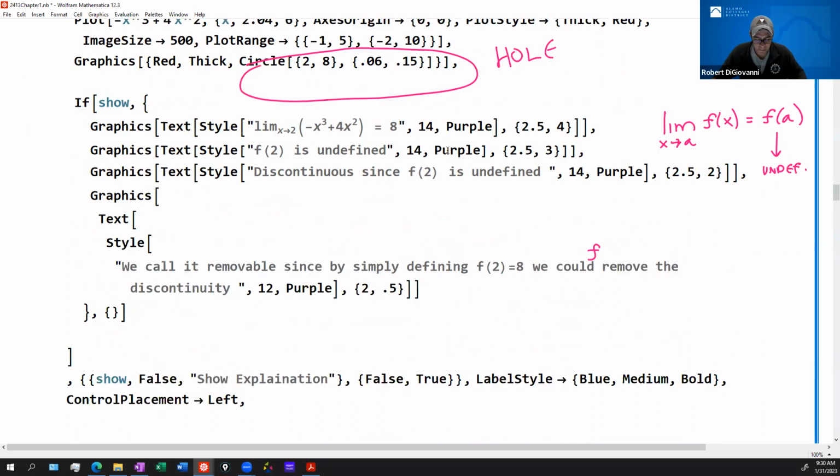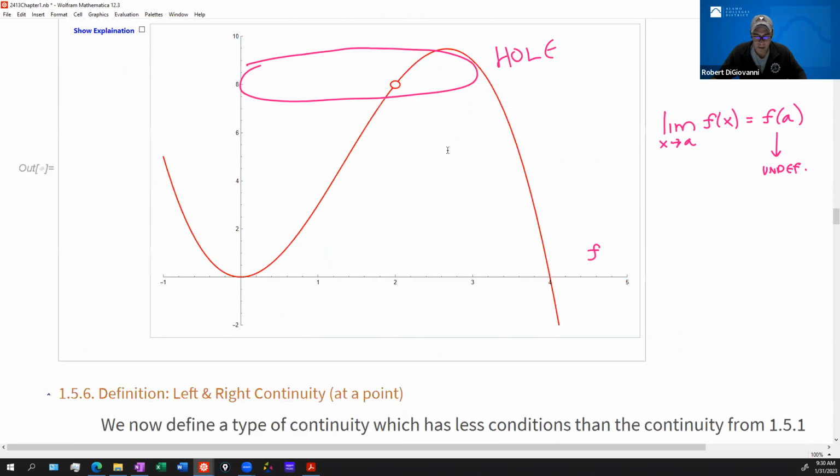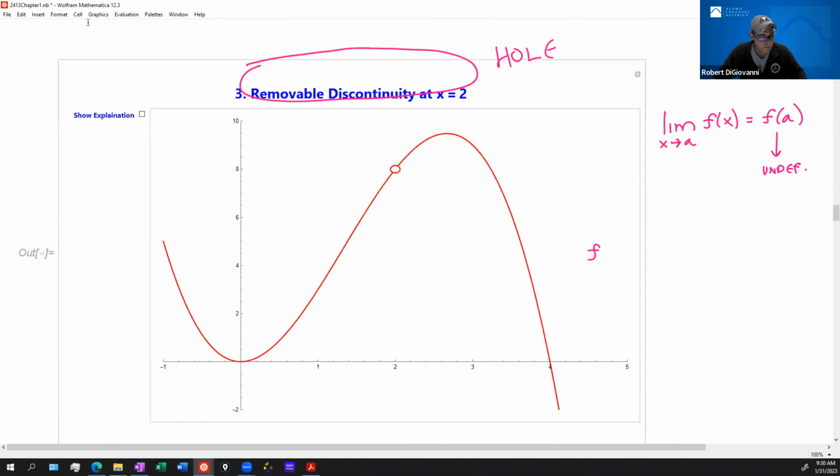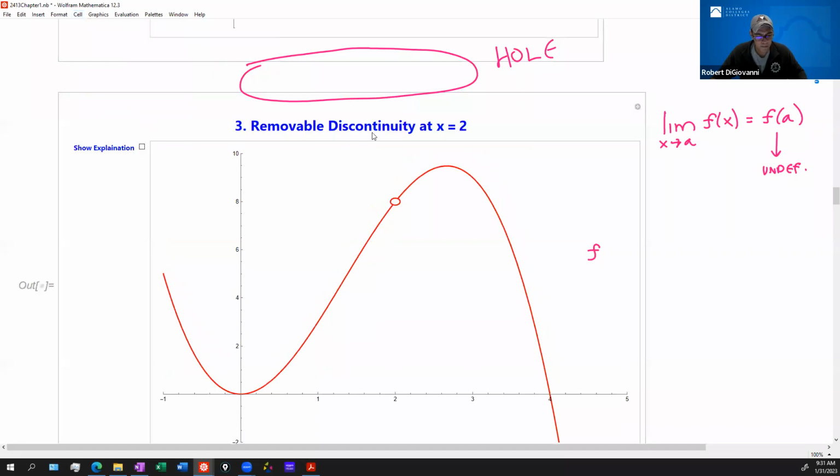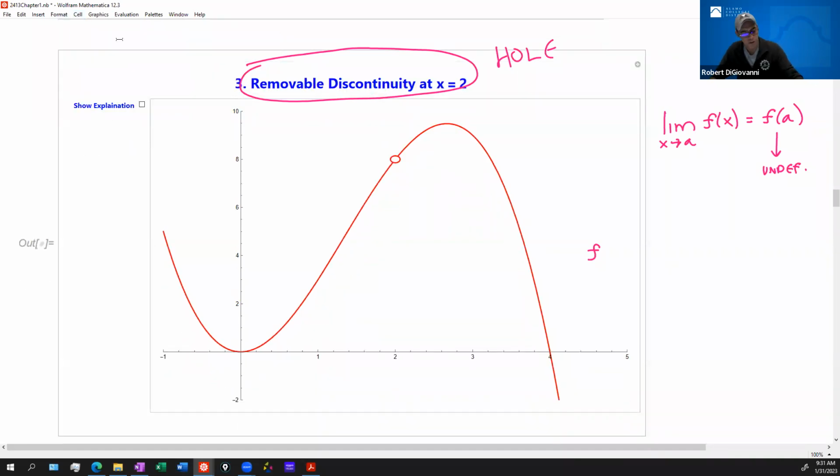Okay. So this is the function. No, that can't be the function. Hold on. You know what? At 2, I get 0. So sorry about that. I should have had this right. I didn't think I was going to talk about this.